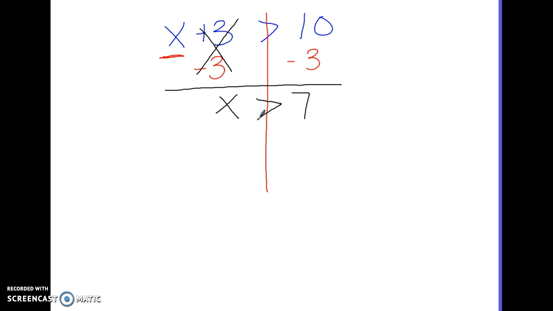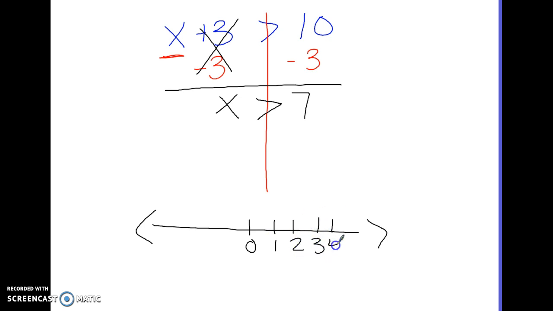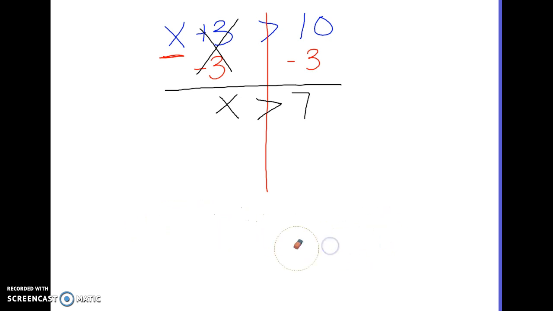If I was going to graph this inequality, I would draw my number line. Again, 0, positive integers to the right. I didn't make my number line quite big enough. Start over. 0 down here.